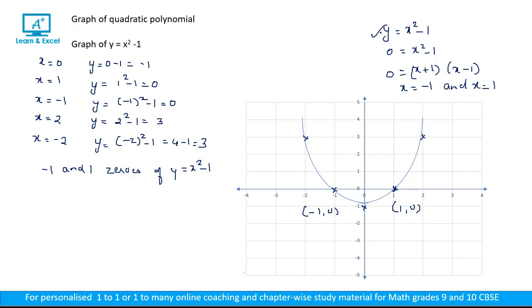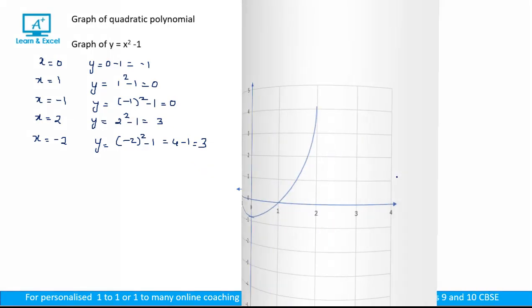So if we solve this quadratic polynomial, we also get minus 1 and 1 as the zeros. And if you graph the polynomial, then wherever the graph meets the x-axis, the x coordinates of those points, that is minus 1 and 1, are the zeros of the polynomial.